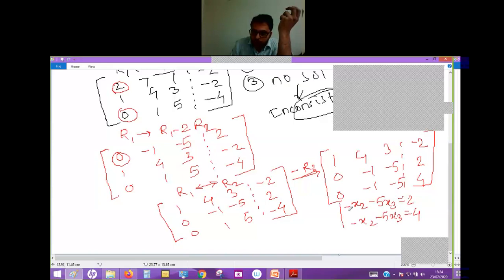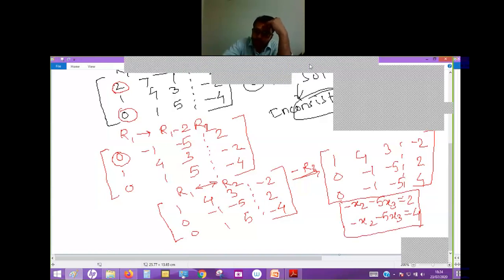So if you have some basic knowledge of mathematics, geometry, can you tell me what these equations are indicating? These are the equations of what?